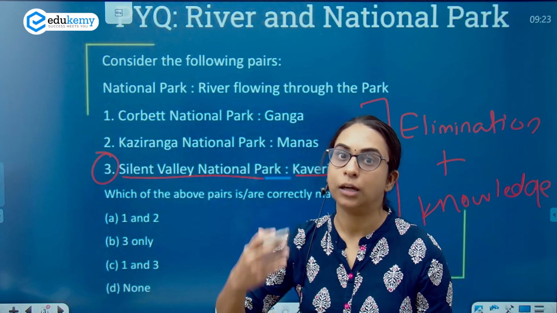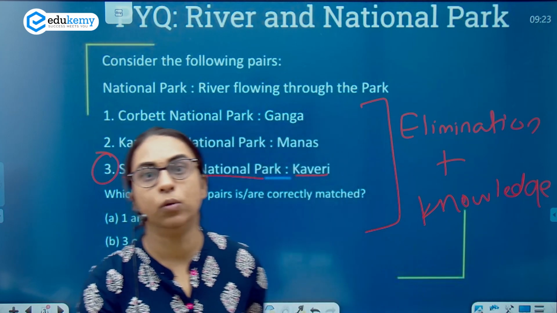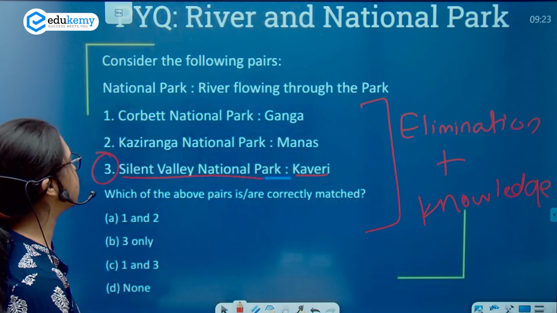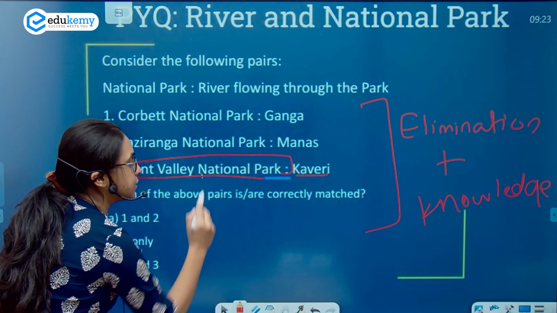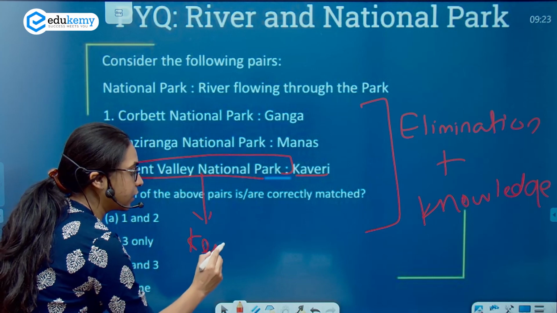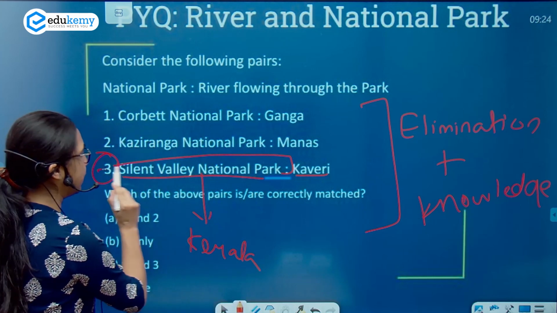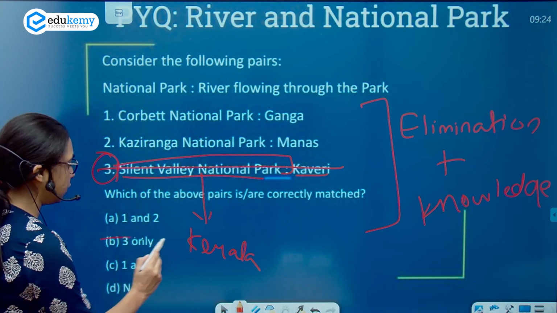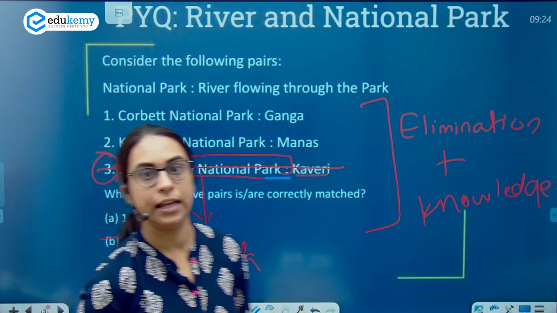So Karnataka, Tamil Nadu में dispute है about the distribution of the Kaveri waters. And ये जो Silent Valley National Park है, it is in Kerala. So you can easily eliminate this. And then if you eliminate this, the B and C options get eliminated.